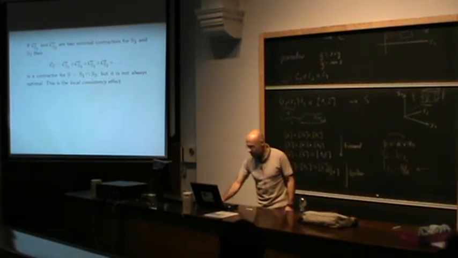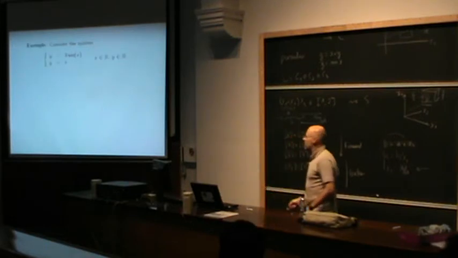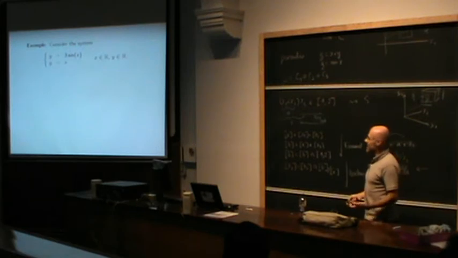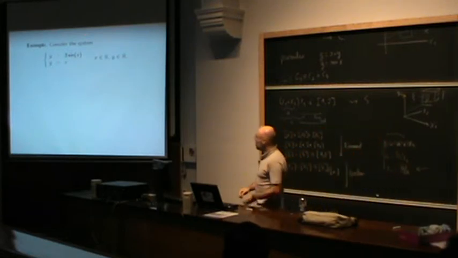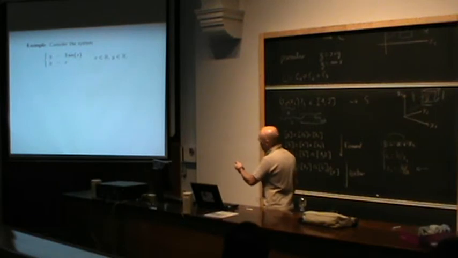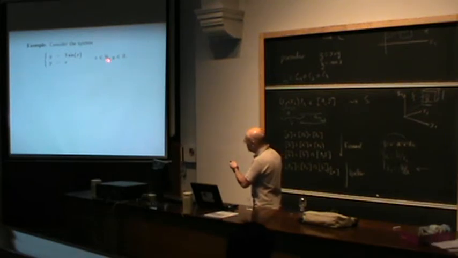It is a local consistency effect, and I will illustrate it on a simple example. Assume that I want to use a contractor approach to solve this system of equations. These two equations can be considered as primitive constraints. I don't know where x and y are, so I just associate R as a domain for x and y.